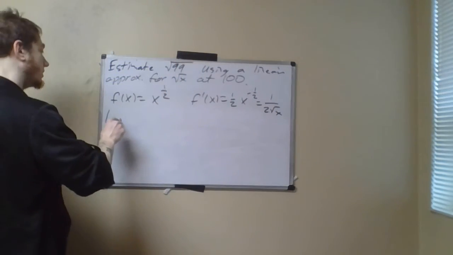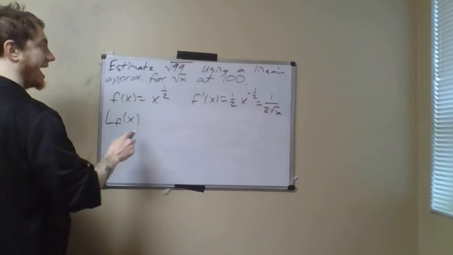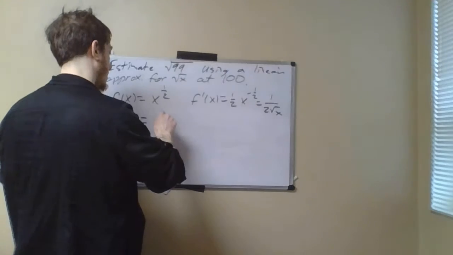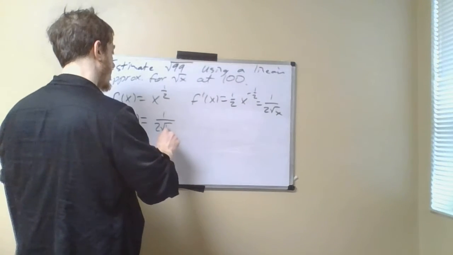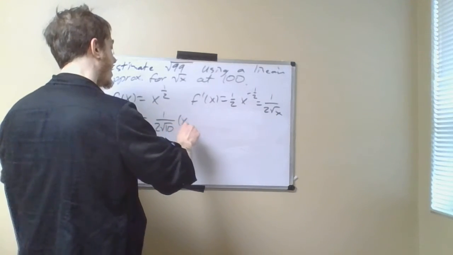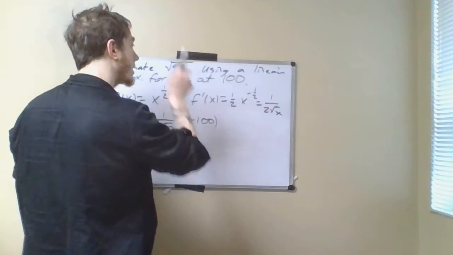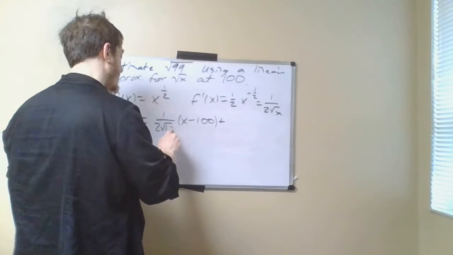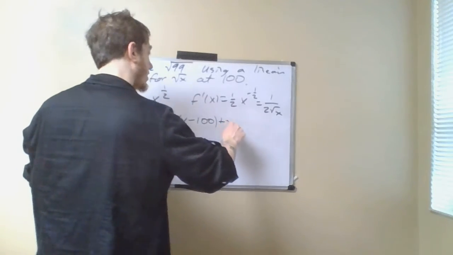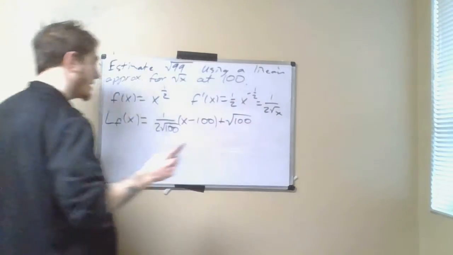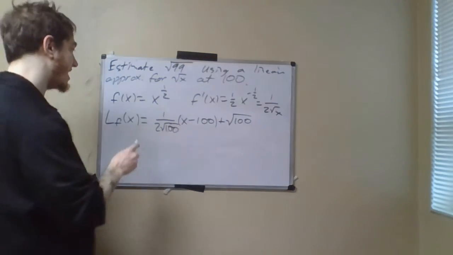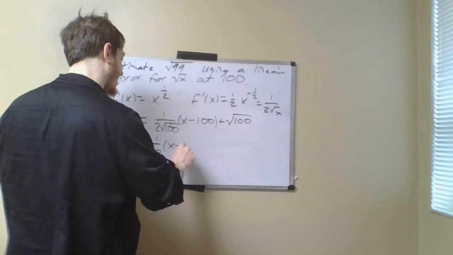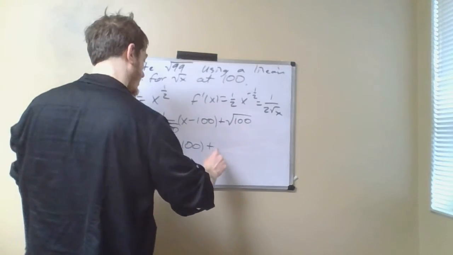So the linear approximation at x equals 100 is going to be 1 over 2 times the square root of 100 times x minus 100 plus the square root of 100. Now, the nice thing about this is that this is just 1 over 20 times x minus 100 plus 10.